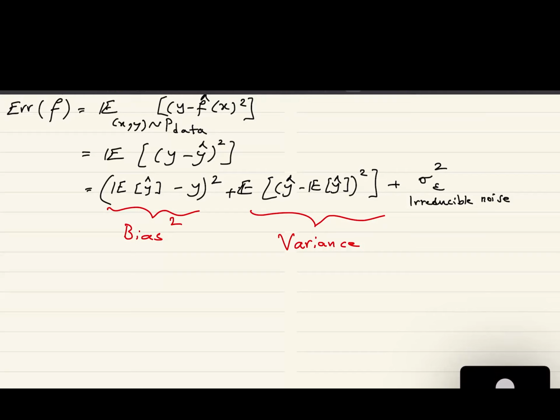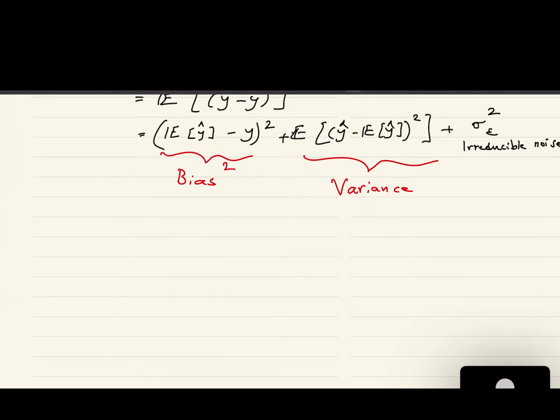Error from sensitivity to such small fluctuations in the training set can accumulate, especially if our complex model fits to this noise. We call this situation overfitting.